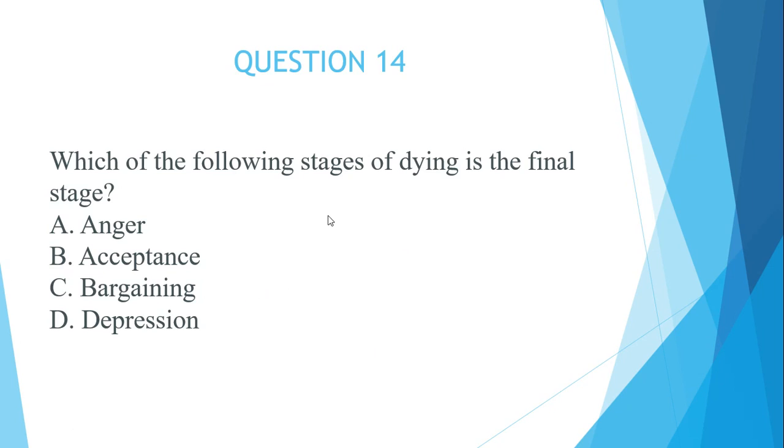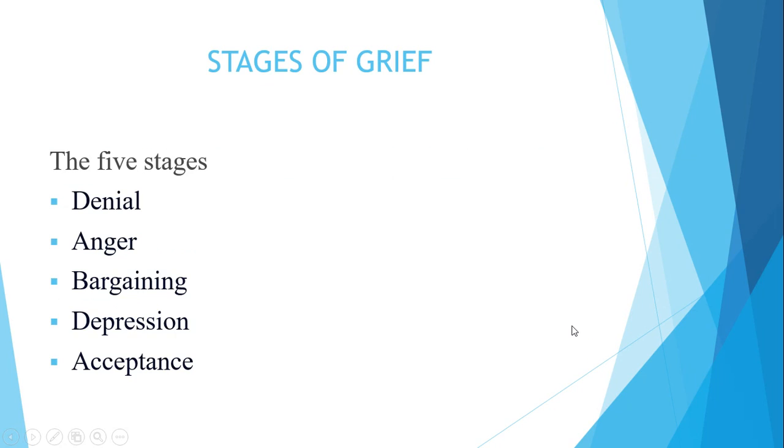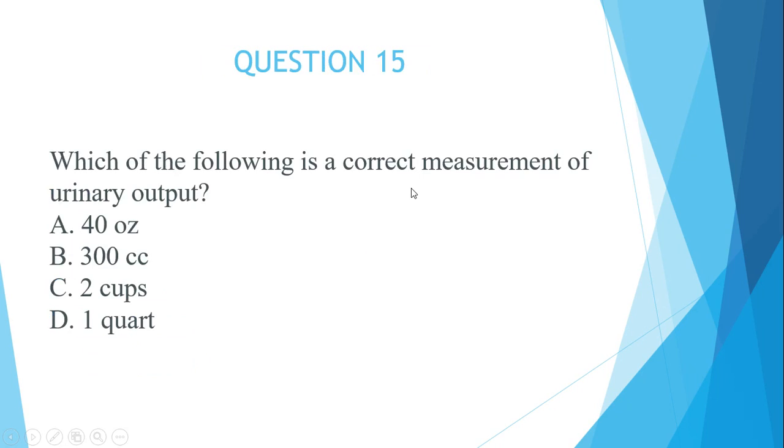The answer is acceptance. That is the final stage. So you can see here the 5 stages of grief are denial, anger, bargaining, depression, and what? Acceptance.